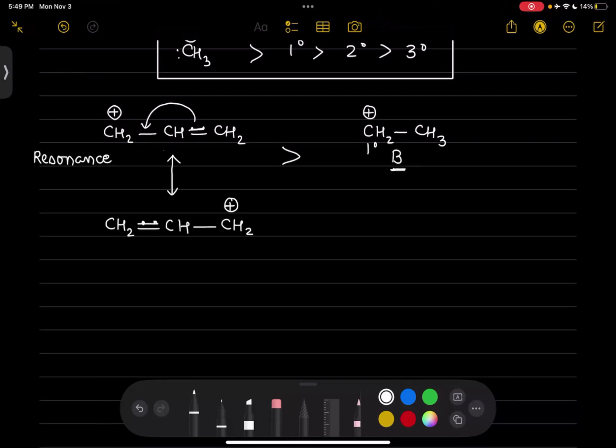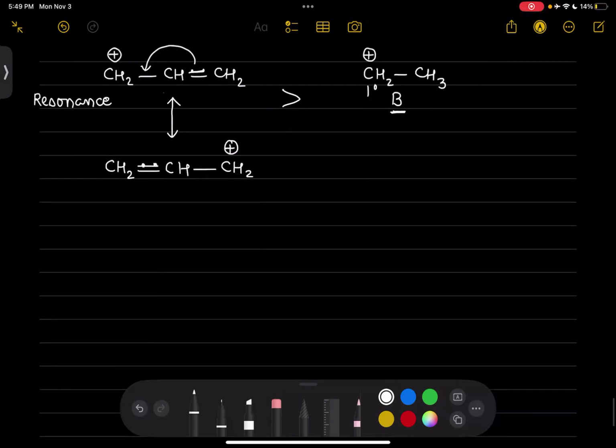So the actual structure is the weighted average of both structures. In the actual structure, the plus charge is neither this side nor that side. It is equally distributed. This bond is double, this bond is single, and in the actual molecule it will be somewhere between single and double.